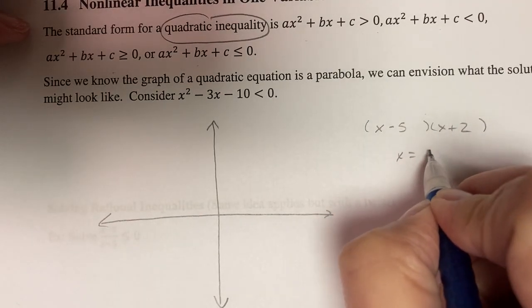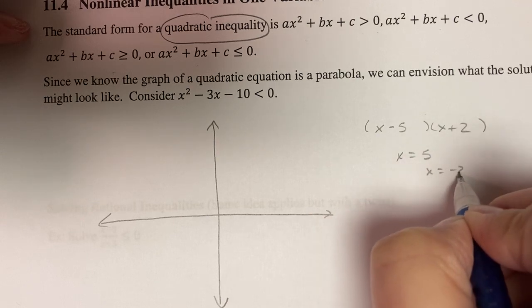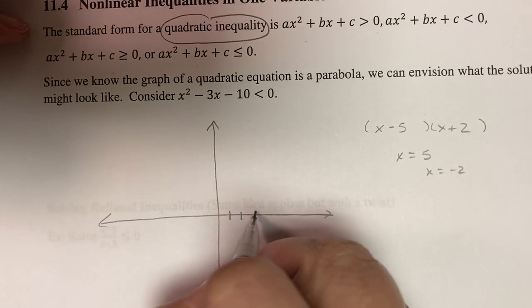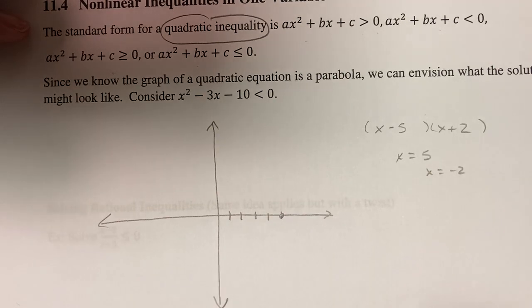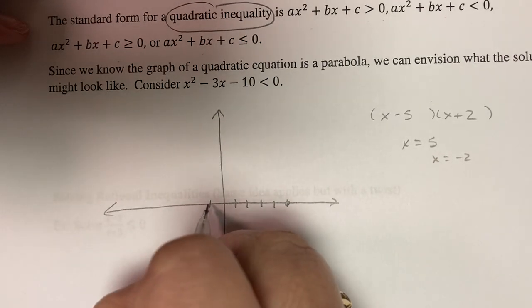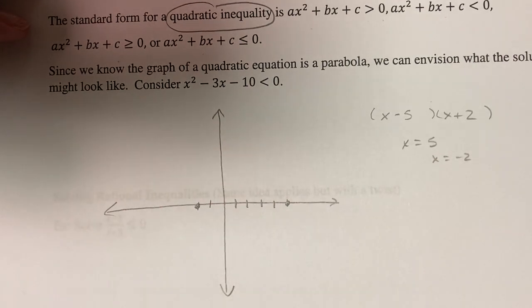So I would get x equals 5 and x equals negative 2. So what that means is that it's going to cross the x-axis at 5 and at negative 2.